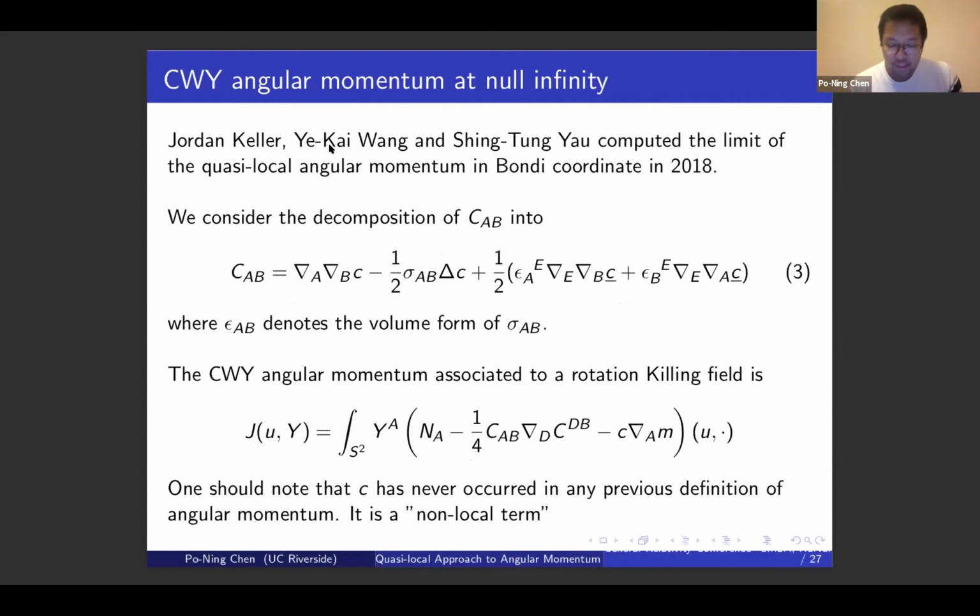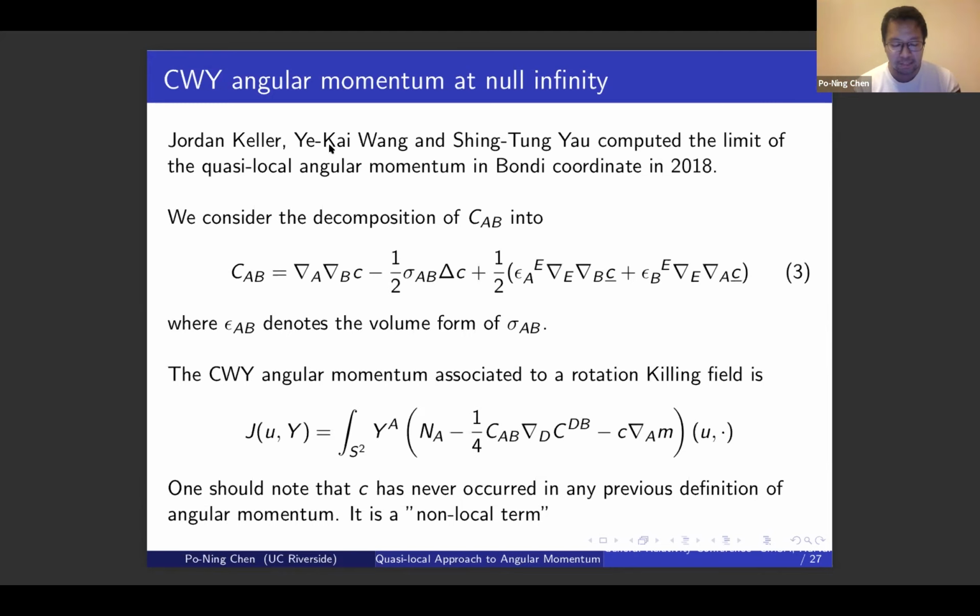So the limit of this quasilocal angular momentum at null infinity using the boundary coordinate is computed by Chen, Keller, Wang, and Yau. And to express the result, we need to decompose C_AB using its potential.